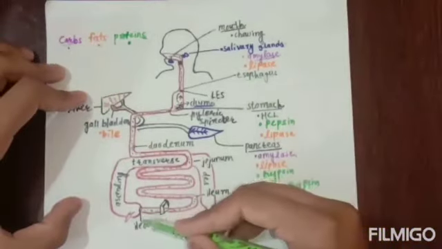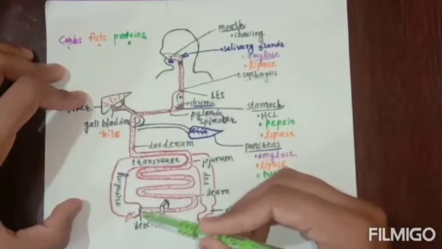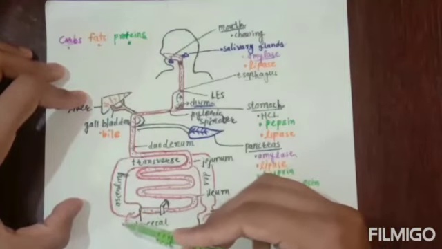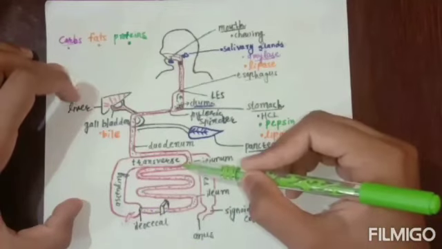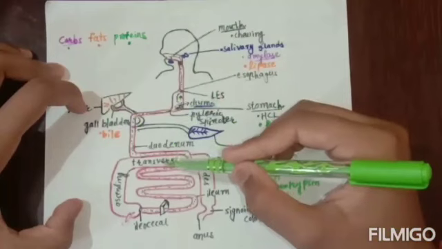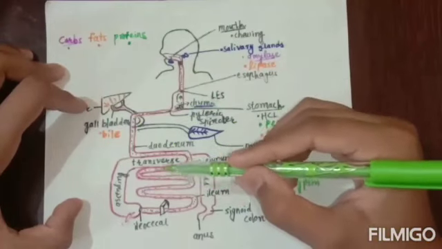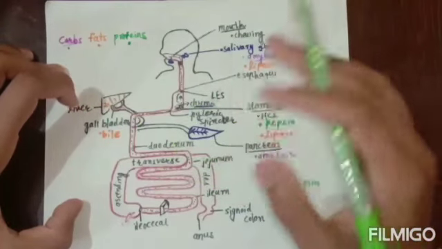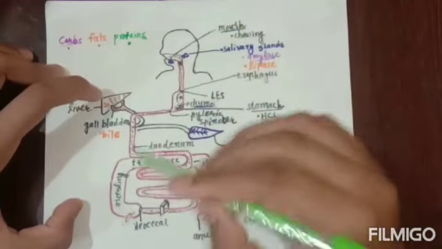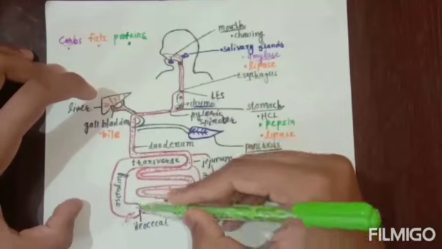There is a small pocket extension. We call it the appendix. If we talk about the large intestine, then there is no absorption of any semi-digested food. There's only the absorption of water. Now, the semi-digested material gets converted into fecal matter.